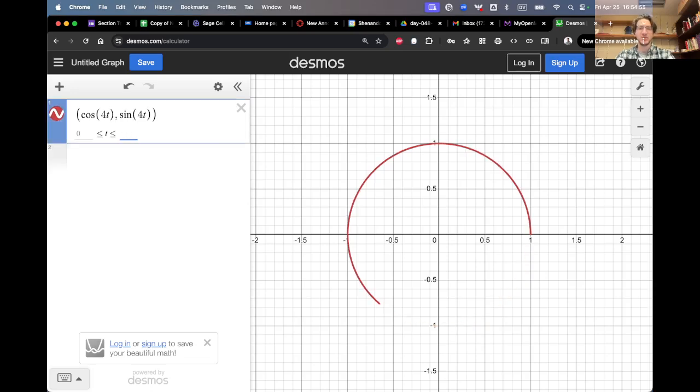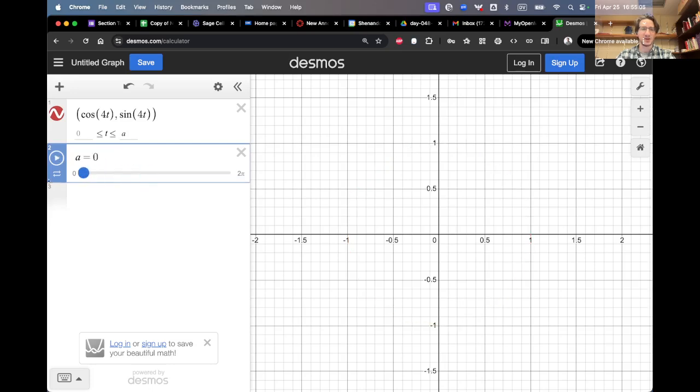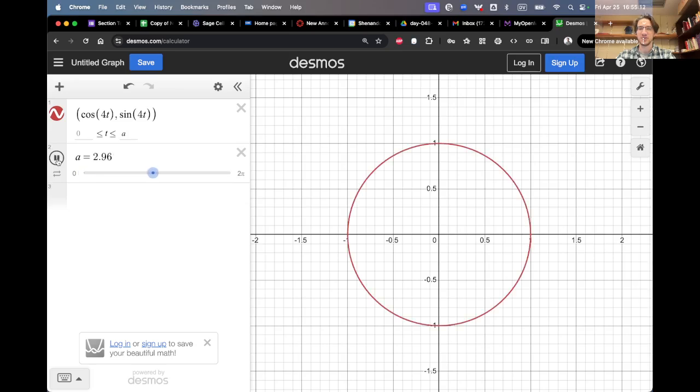Okay, and in fact, let me show you. If I put a little slider in here, a that goes from 0 to 2 pi, then we can even look at what happens as the parameter increases. So as t increases, we're wrapping around this circle.